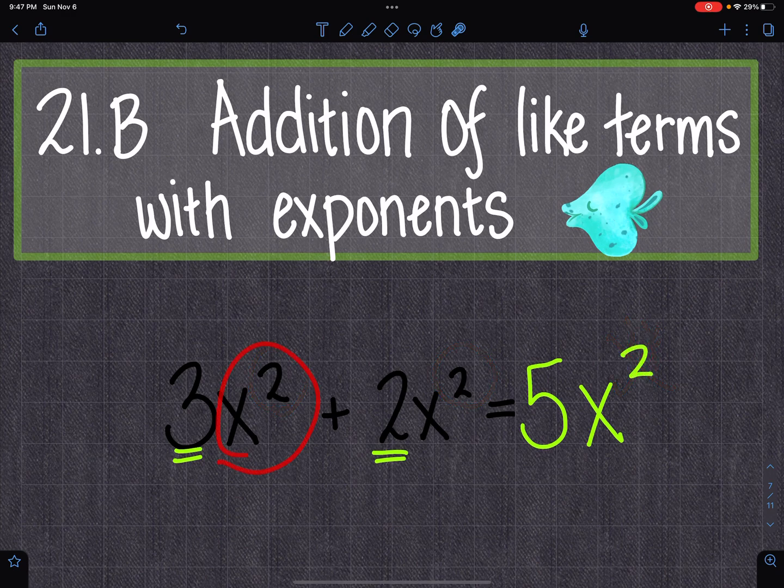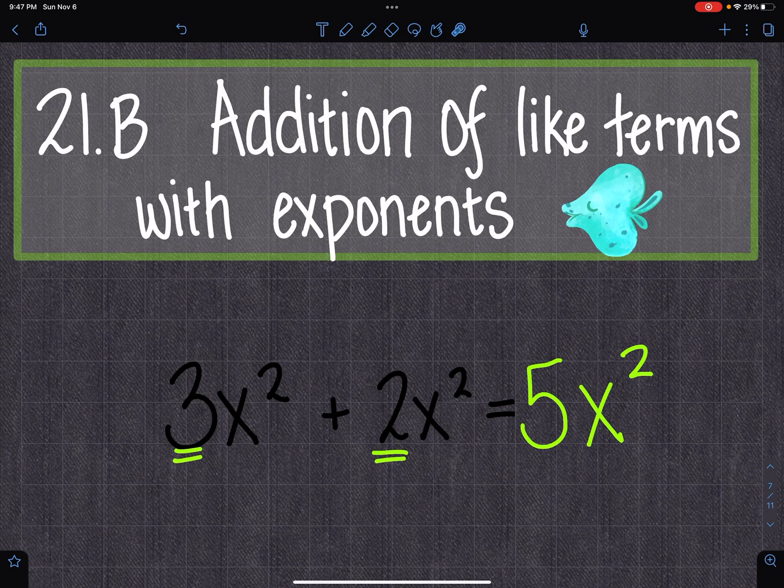You keep it the same because it's part of that like term. That can be confusing. Is it confusing to you? Adding and multiplying are often confused, and that's why they put them in the same lesson, because we want to point out the difference between these things.